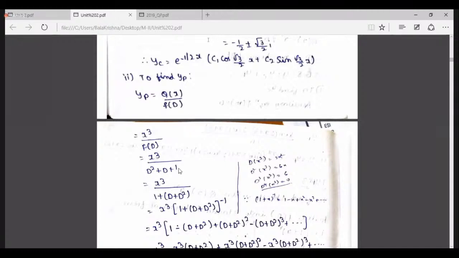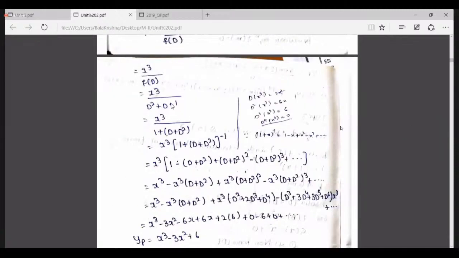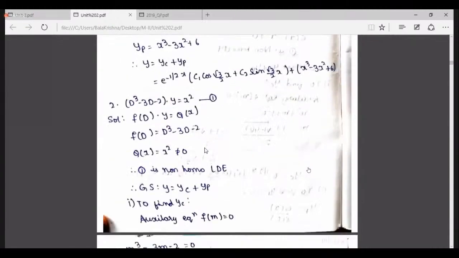Whatever the least degree term is there, you should always try to take outside. So it is in the form of 1 plus x, where x is in this format. Suppose 1 is not there, and D square plus D is there, then take D as common, so that you will have 1 plus D. Like that you should express into standard binomial format.